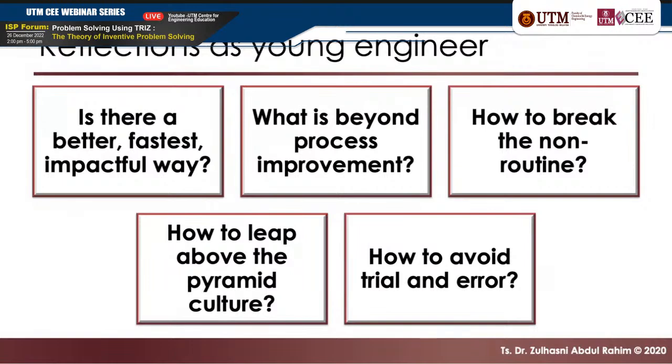So the things that we need to reflect on, as a fresh graduate, as a young engineer, is that when it comes to problem solving, is there a better, faster, and more impactful way for you to solve any engineering or technical problem? That is the first part.